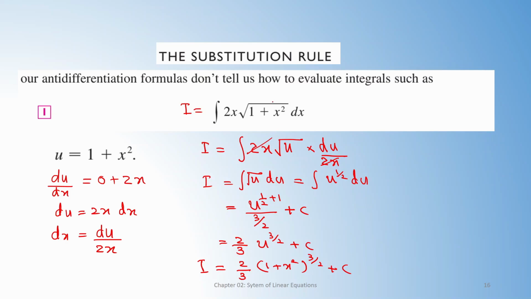So even though at the very beginning we cannot use any usual integration formula to integrate this, when you substitute u is equal to 1 plus x squared, then after some work, you can convert your integration so that it is an integrable function.